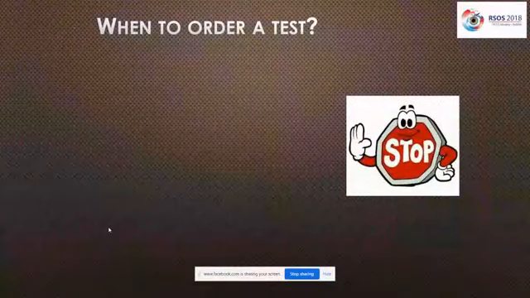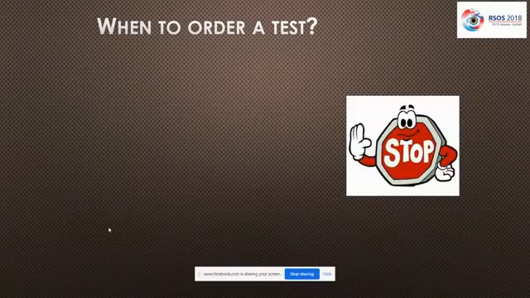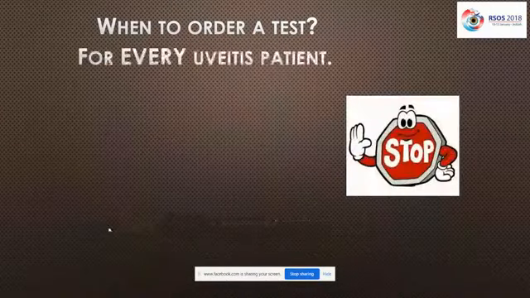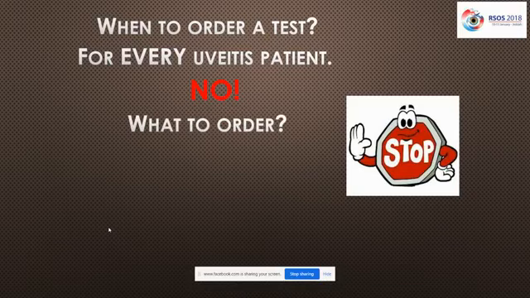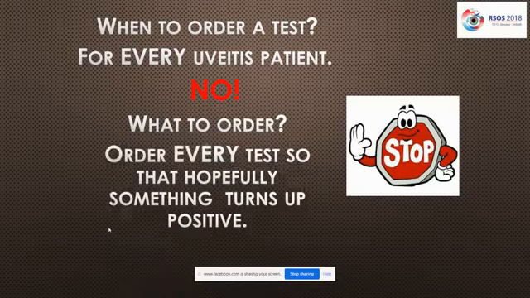So, when to order a test in anterior uveitis? Do you need to order a test for every uveitis patient? Of course, no. And what to order? Are you going to order every test so that hopefully something will turn positive and then you will reach your diagnosis?